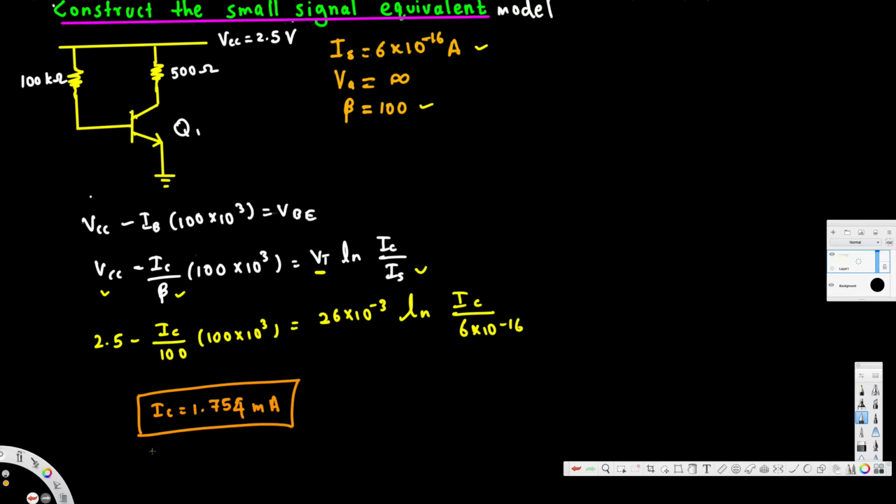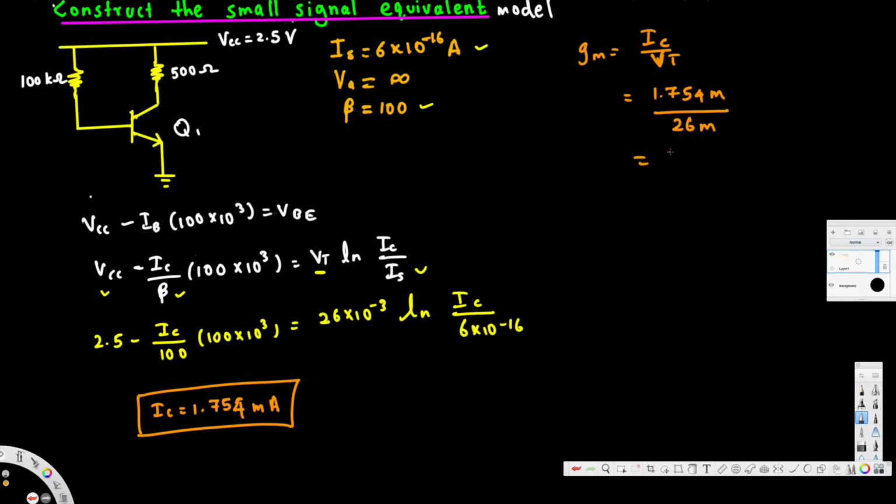Now the next thing is we are going to calculate transconductance. The equation for the transconductance is IC over VT. IC is 1.754 milliampere, divided by VT, that is 26 millivolt.